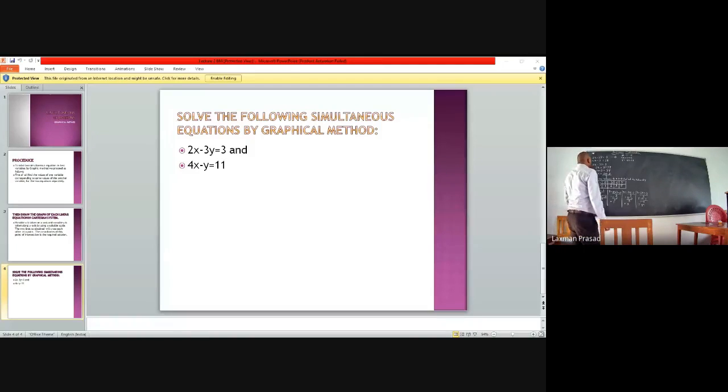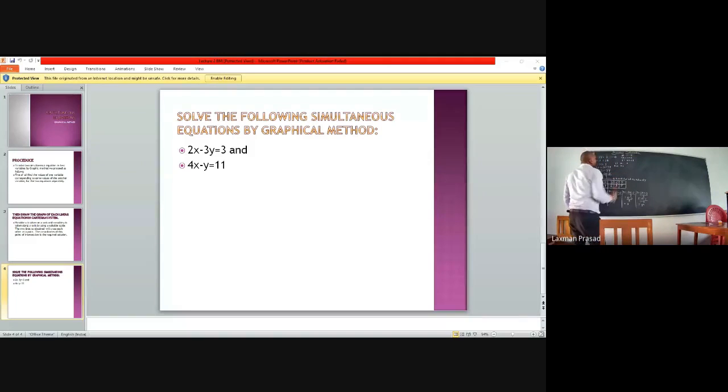So, again, we give some values to x. If x equals 0, then the equation is y equals 4x minus 11.